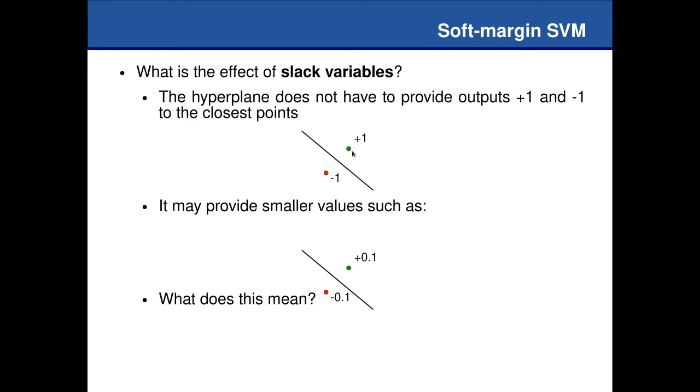So instead of having positive and negative points like this, with the closest point on the positive side as positive 1 and the closest point on the negative side as negative 1, I can assume some points are even closer. That's another effect. Besides having positive points on the other side and negative on the other side, I can also have points that are closer to our hyperplane.